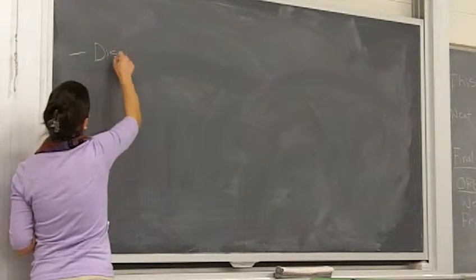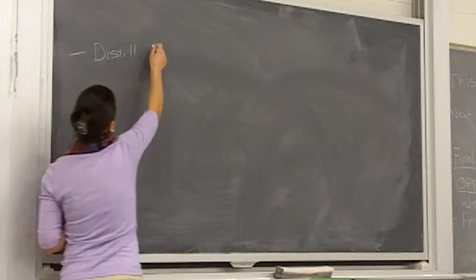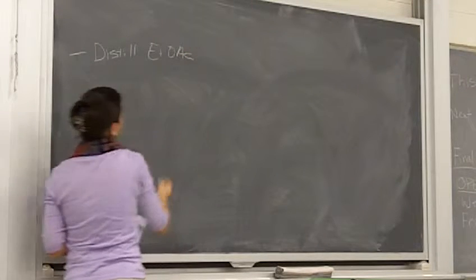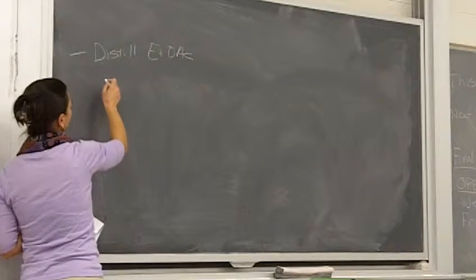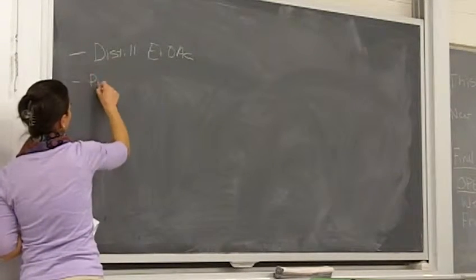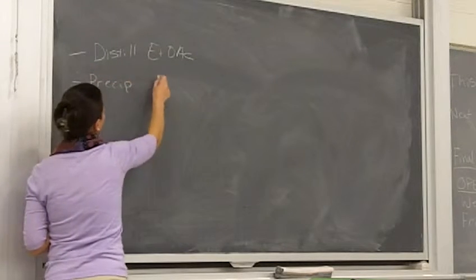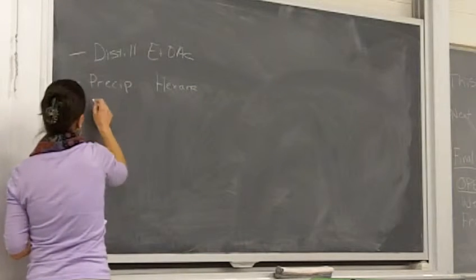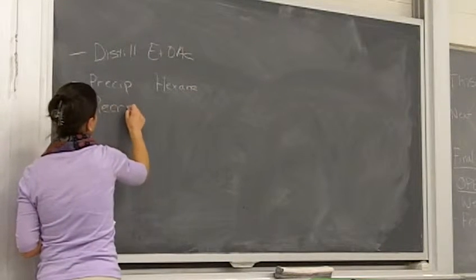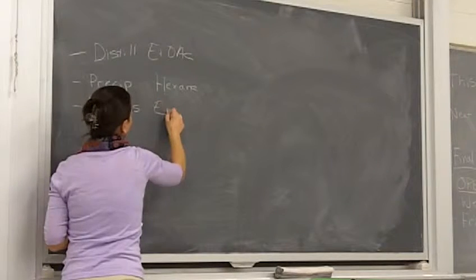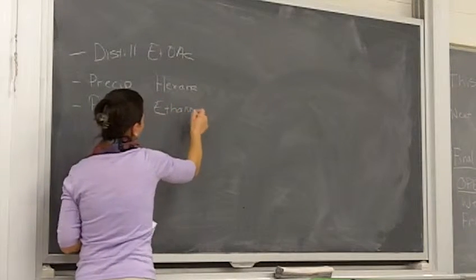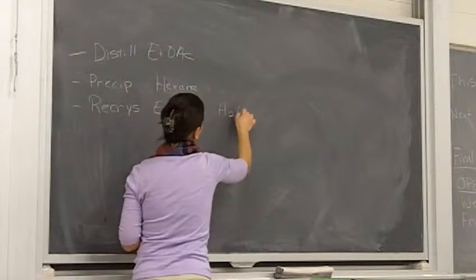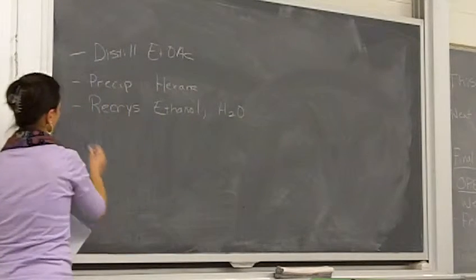You distill the ethyl acetate, abbreviation for ethyl acetate. Then you're going to precipitate it with hexane. Then you're going to recrystallize with ethanol, and then you follow your lab manual, you're going to add a little bit of water to help it crash out, okay?